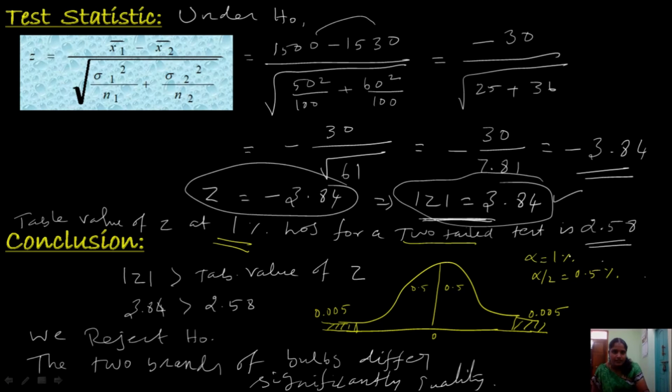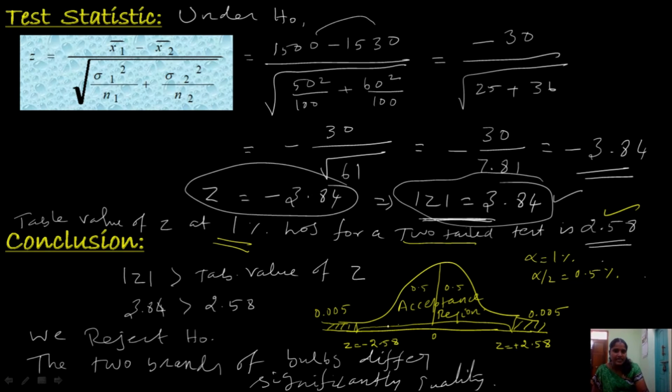The table value of z at 1% level of significance is z equal to minus 2.58 and z equal to plus 2.58. If the calculated value of z falls in this middle region, we accept the null hypothesis, since it is my acceptance region.